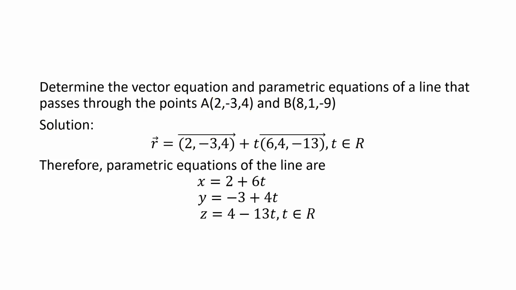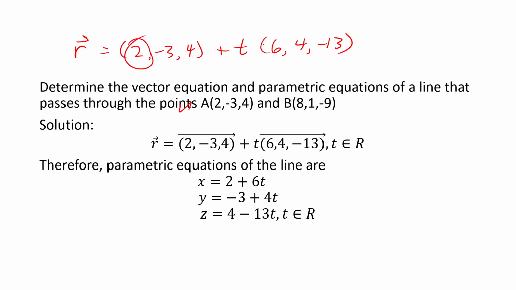Now, since we determined the vector equation of the line to be r equals (2, -3, 4) plus t(6, 4, -13), therefore we can say that a parametric expression for x is 2 plus t times 6.